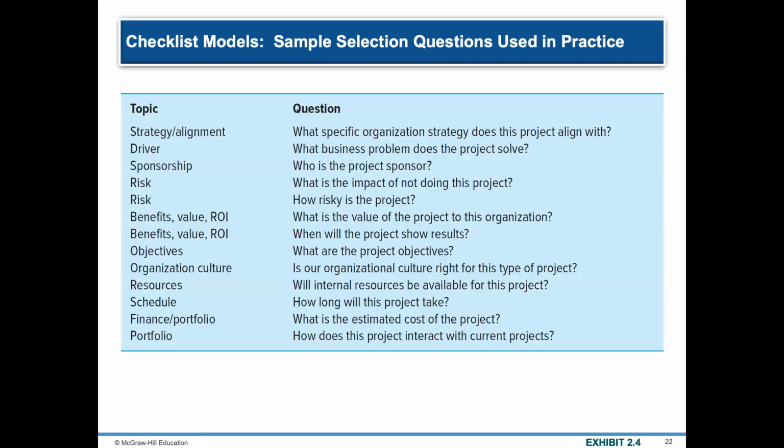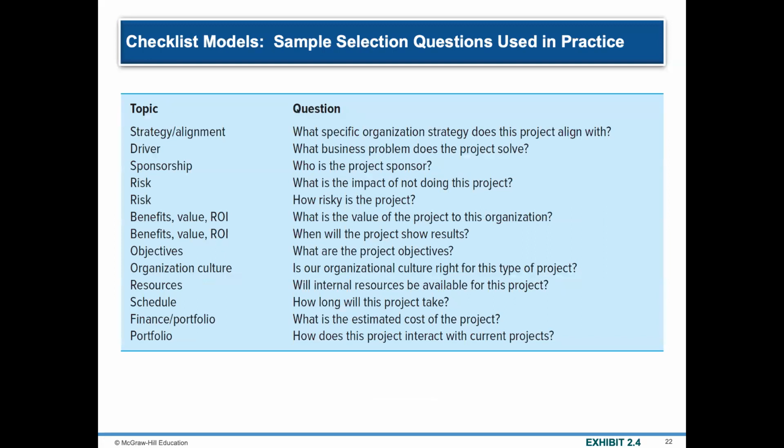So here is a sample of questions that are used in practice and you can use in building a project checklist. So here you have the topic and then the sample question.